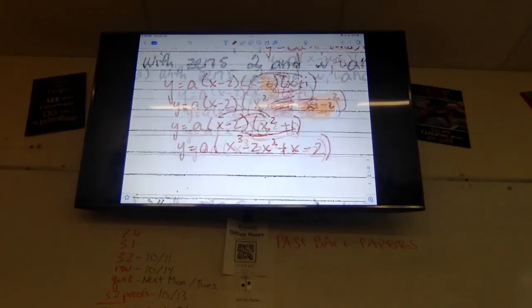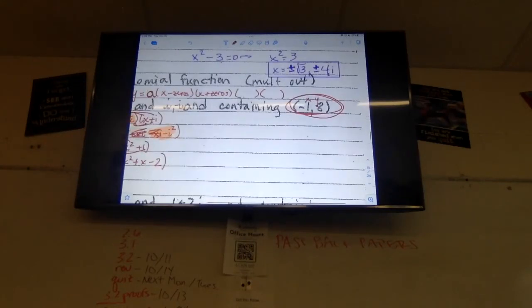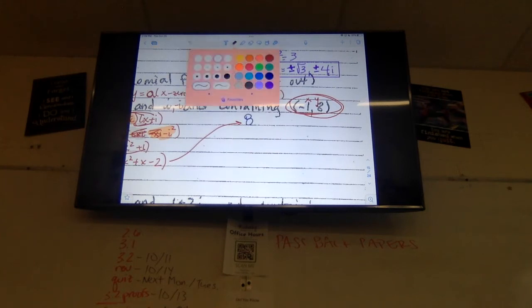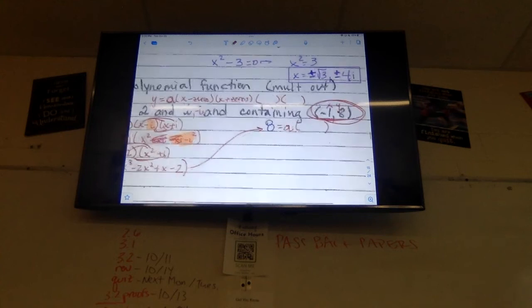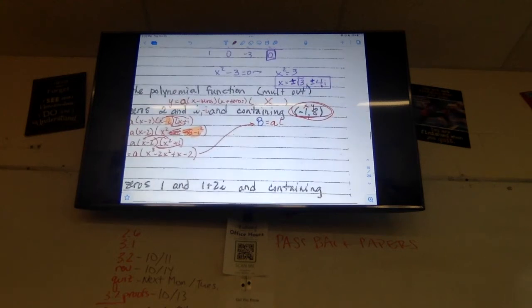Okay, now is where I'm ready to plug my x and y in. So I'm going to plug -1 in for all those x's, and 8 in for y. So 8 equals a times (-1 to the third minus 2 times -1 squared plus -1 minus 2).